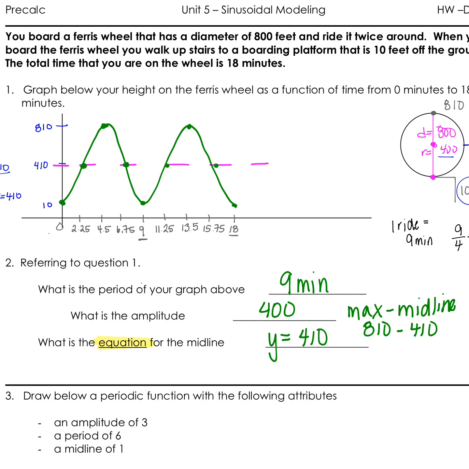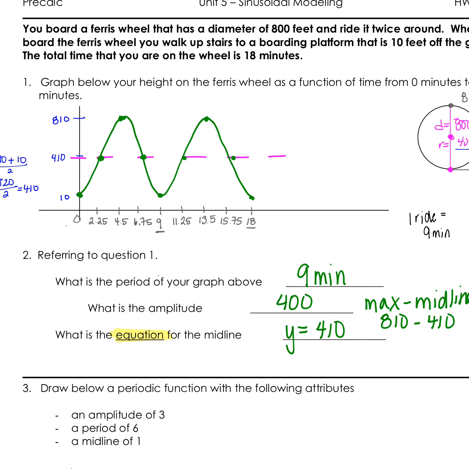Now let's talk about our graph real quick. This is just a side note. What kind of graph is this? This is going to set us up for tomorrow when we have to write the equation. We know that it doesn't start at our midline, so this is going to be a cosine graph. And what kind of cosine graph is it?